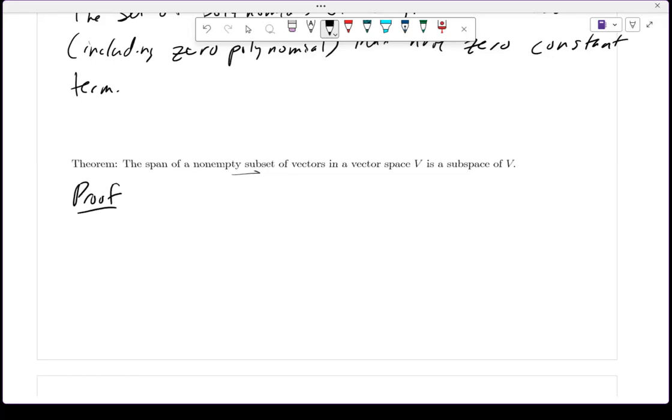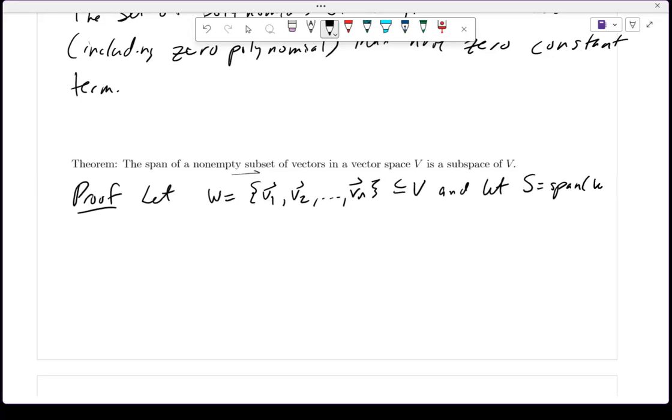So to start this off, let W be the set of vectors V1, V2, out to Vn. We'll let that be our non-empty subset. We'll also let S be the span of this W. So it's S that I want to show is a subspace, right?